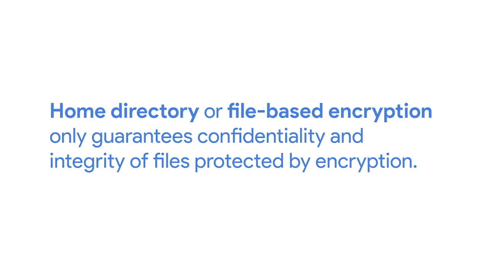You should compare full disk encryption against file-based encryption. That's where only some files or folders are encrypted and not the entire disk. This is usually implemented as home directory encryption. It serves a slightly different purpose compared to FDE. Home directory or file-based encryption only guarantees confidentiality and integrity of files protected by encryption.